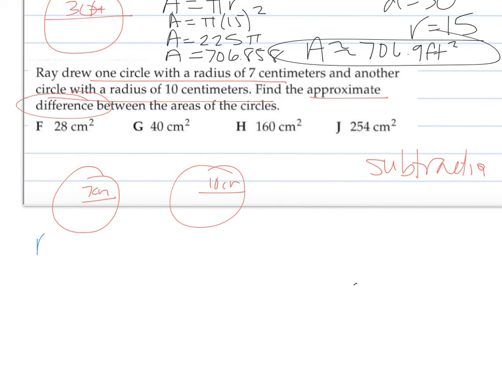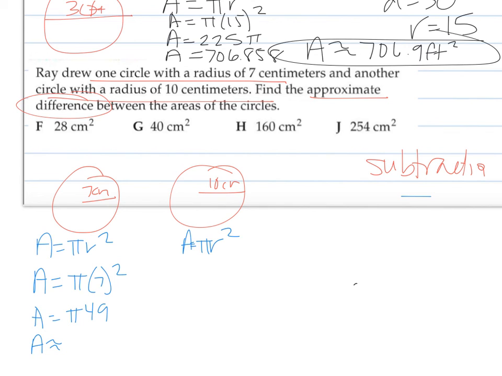So that means we have to find the area of one circle, the area of another circle, and then we'll end up subtracting them. So I have my area is pi times my radius squared, which is 49 times pi, which is approximately 153 and 9/10 square centimeters.